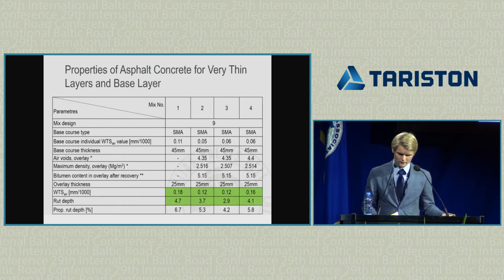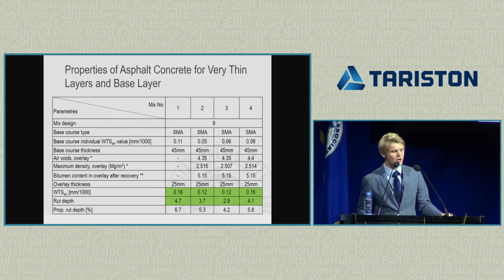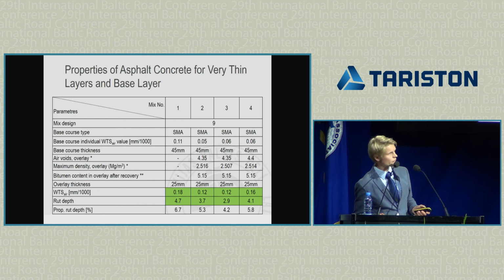Okay. The next step was testing mechanical properties. The thin asphalt layer was formed on top of the base layer. Base layer thickness 45 millimeters, and thin overlay thickness 25 millimeters. As you can see, results for VTSR value were very good, from 0.12 to 0.18.